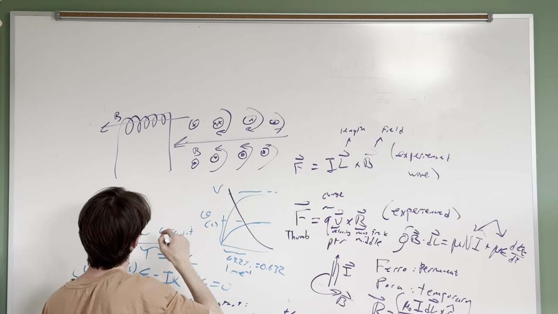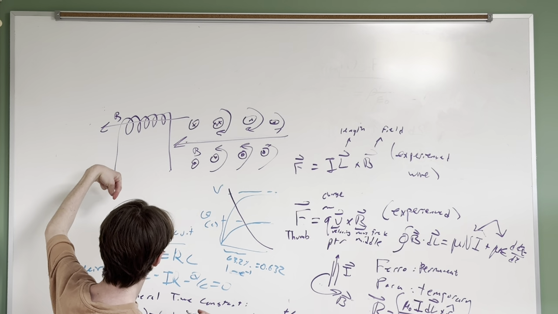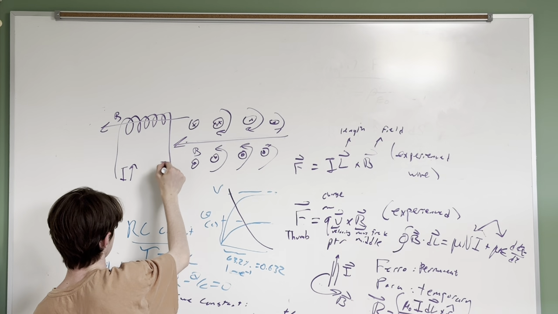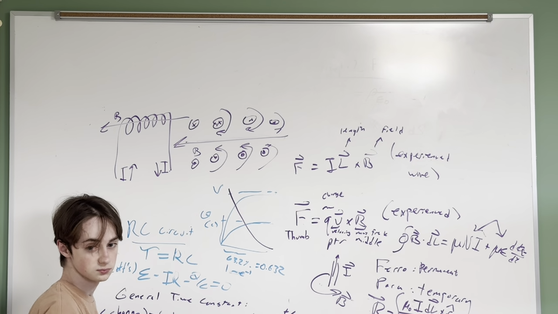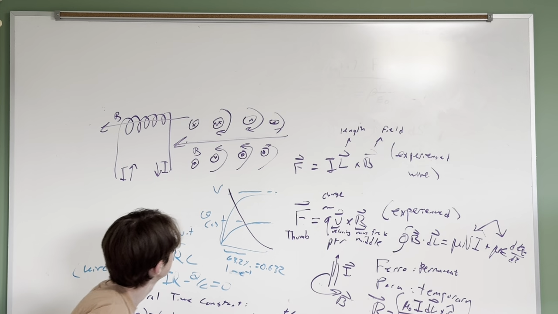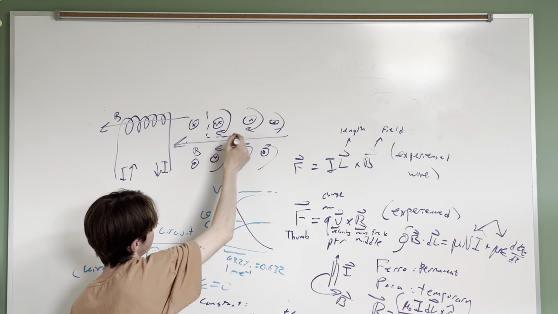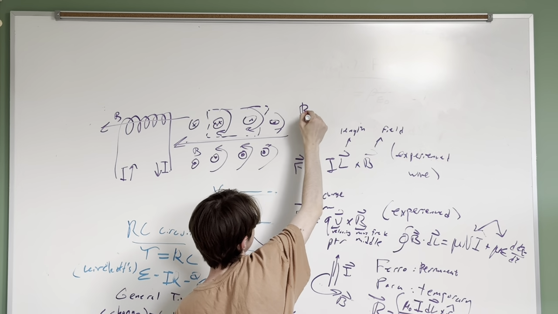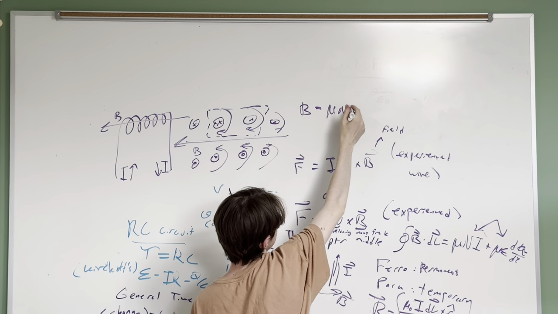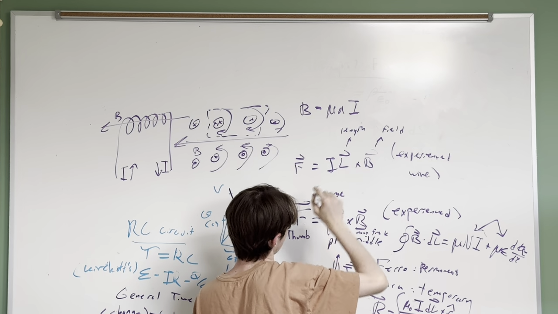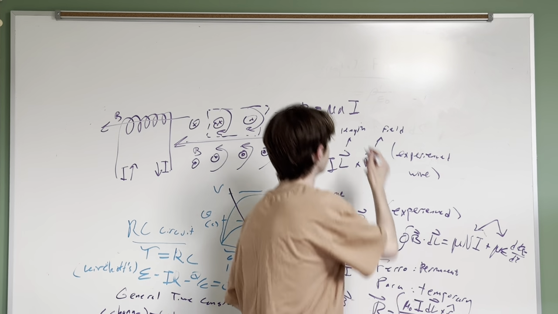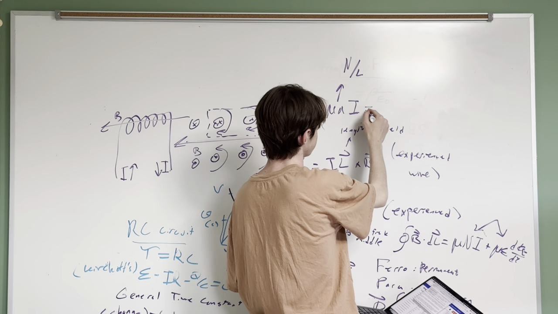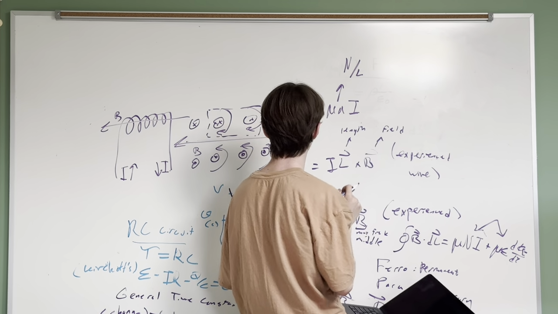The current is going up this way and coming out this way. If you draw an Ampere loop around here, we get B is equal to mu naught times turn density times I, where n is equal to big N over L.